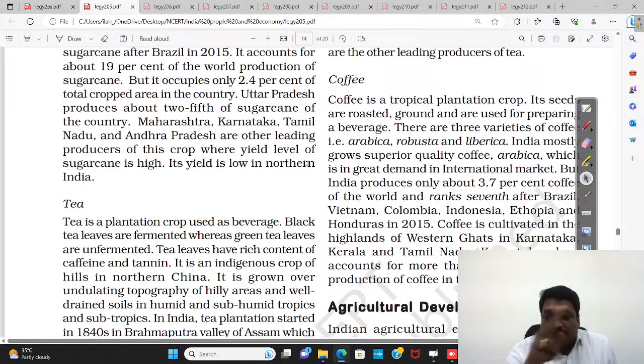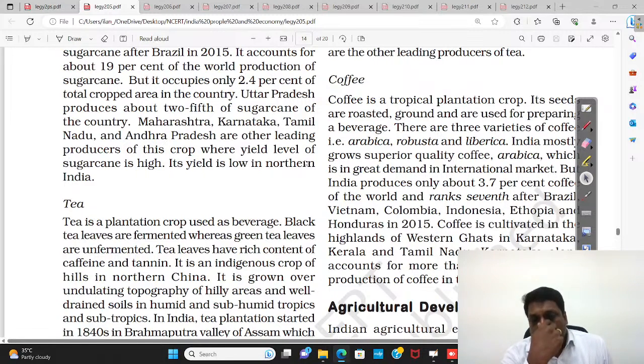Again, if you ask me what is common to both: well drained soil. Just because they need well drained soil, they are normally cultivated along the mountain slopes. Apart from well drained soil, normally they say coffee is a shade loving plant.